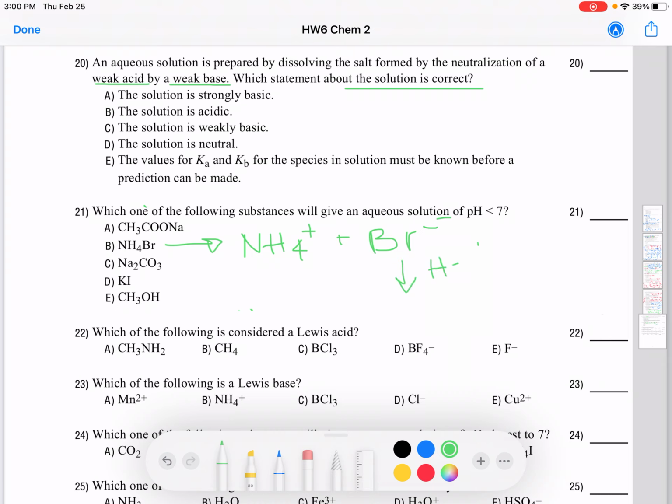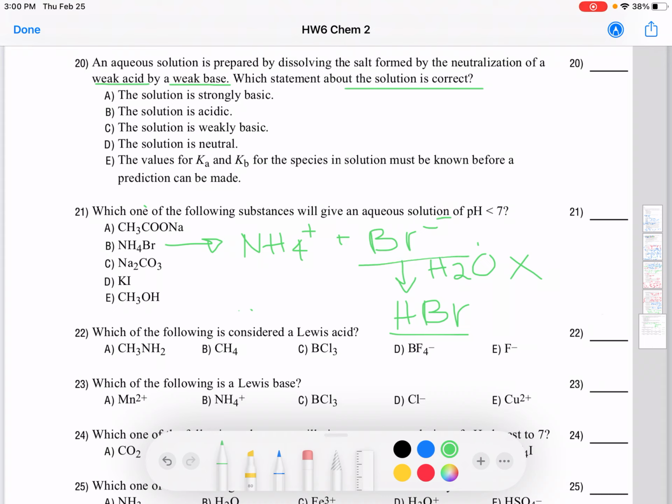Is bromide going to react with water? Remember, bromide is the anion of the strong acid hydrobromic acid. If it comes from a strong acid or a strong base, it is not going to react with water. So bromide will do nothing for the pH of the solution.